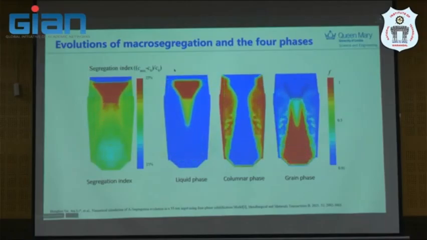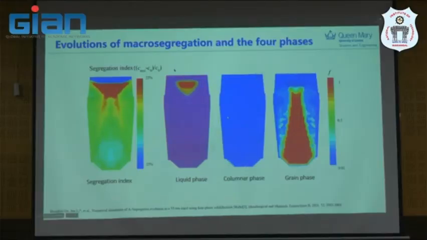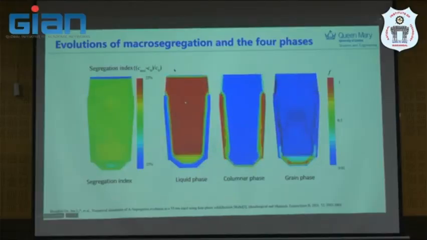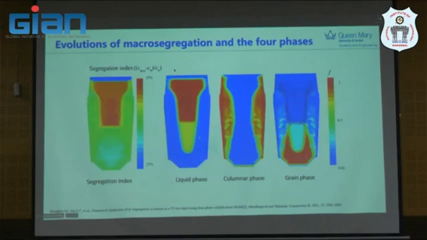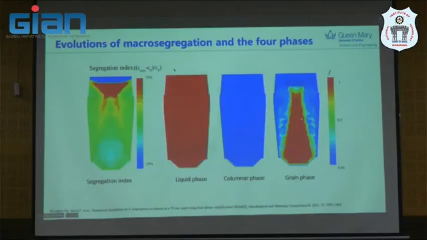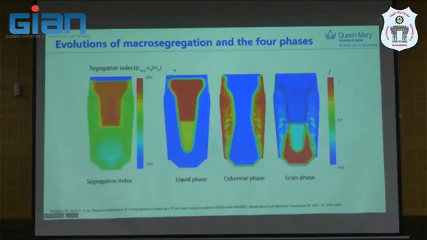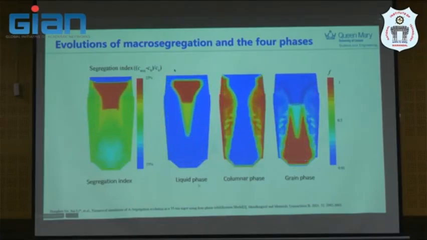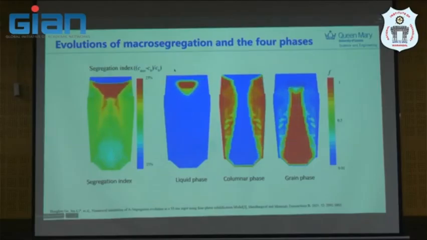From the growth from the wall into the center, the grains nucleate, eject, fall down, and accumulate in the bottom of the ingot. And as we know, the carbon will be rejected into the liquid phase as the solidification progresses.